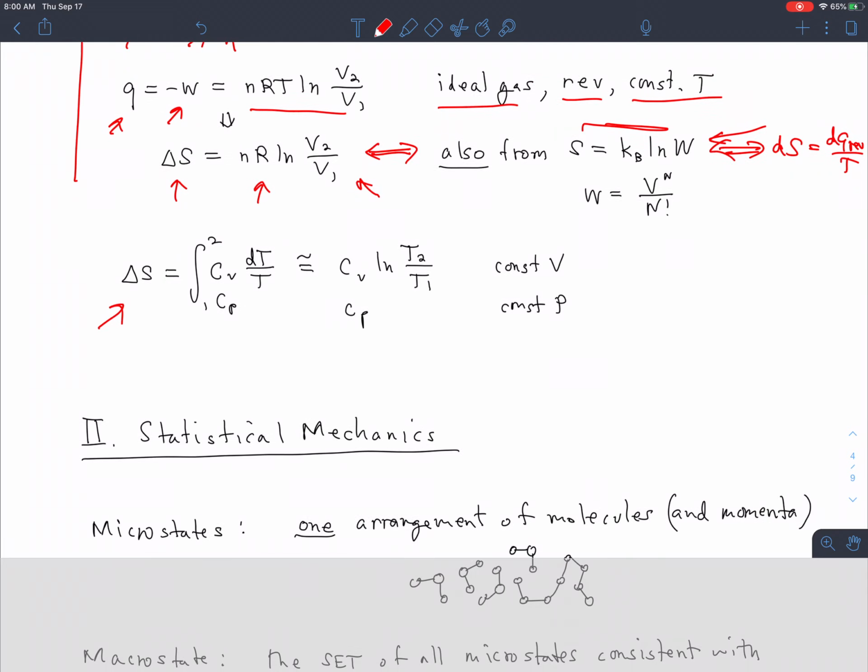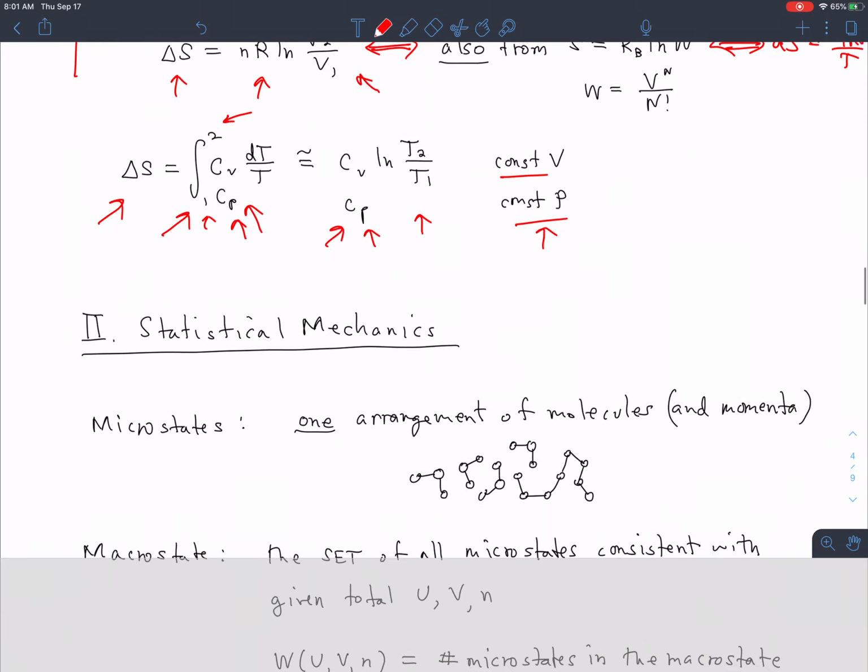In general, the delta S change is the integral from state 1, whatever it happens to be, to state 2 of Cv or Cp, depending on whether it's constant volume or constant pressure, of dT over T, and if the heat capacities don't change with temperature, then that's Cv log T2 over T1 or Cp log T2 over T1, depending on what's being held constant.